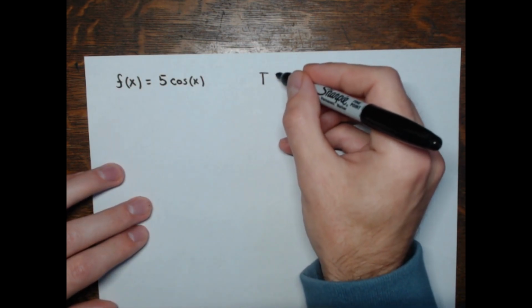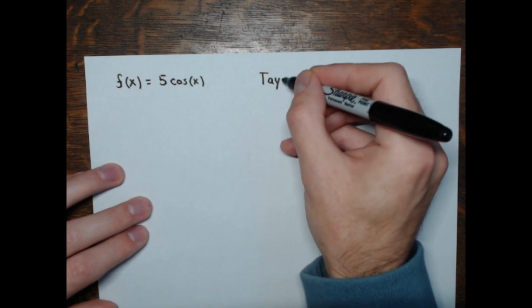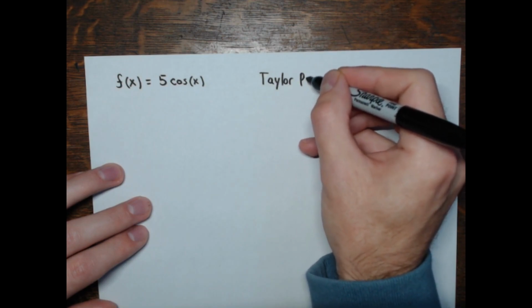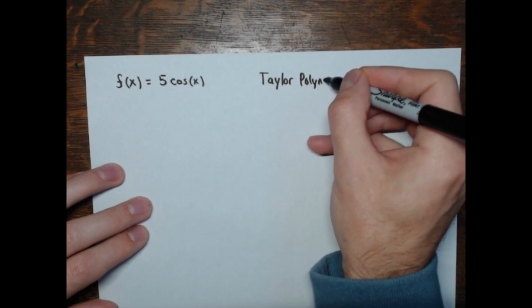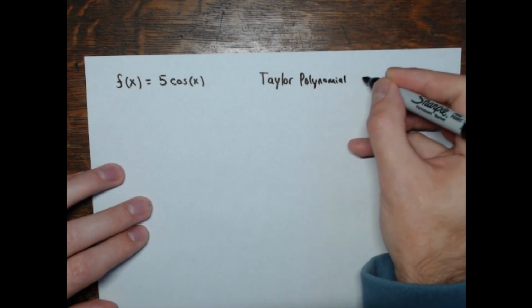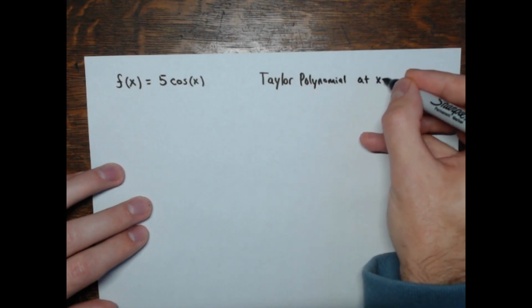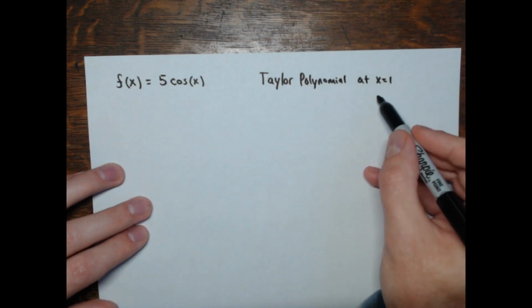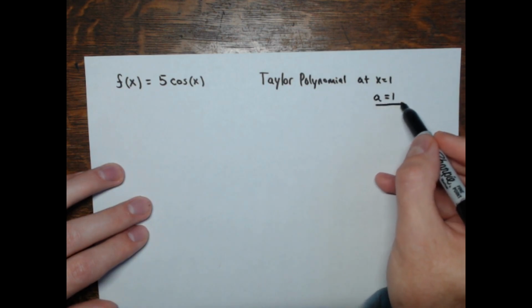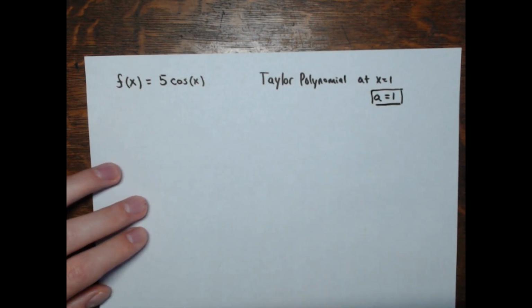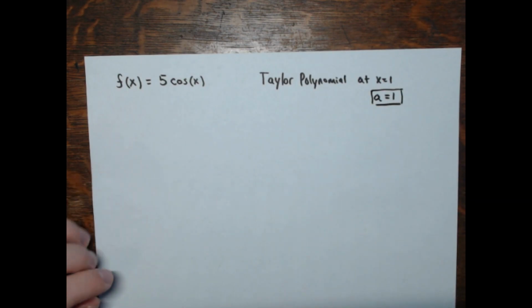And we would like the fourth Taylor polynomial at x equals 1, centered at x equals 1. So that's the value of a, where the thing is centered. The a is 1.